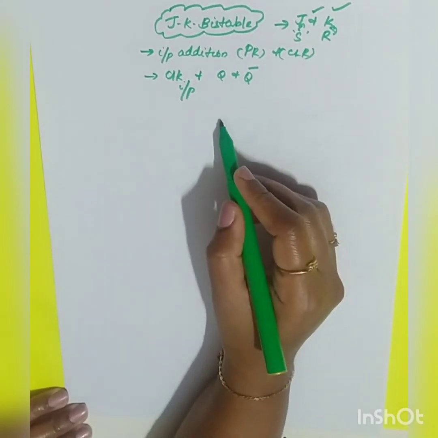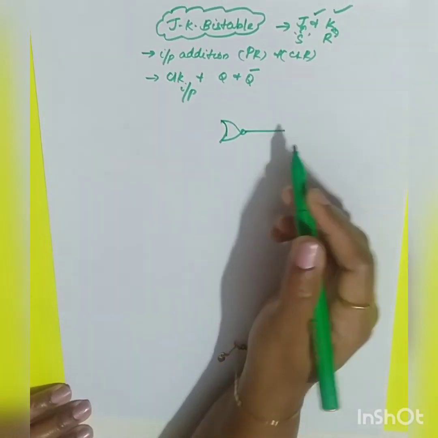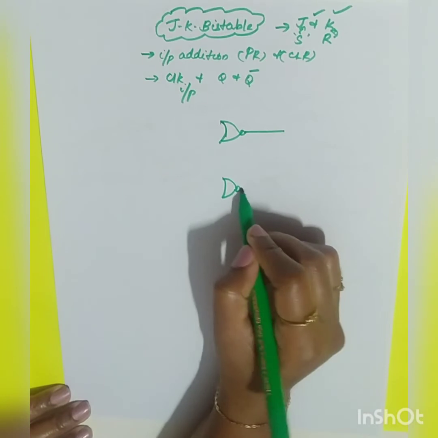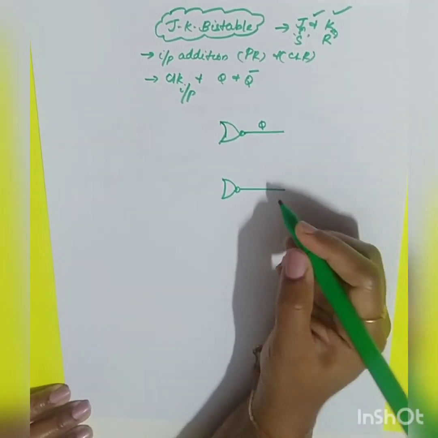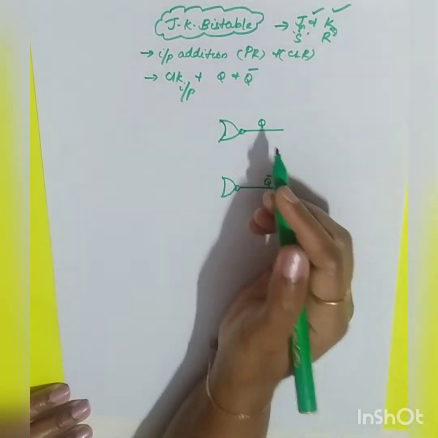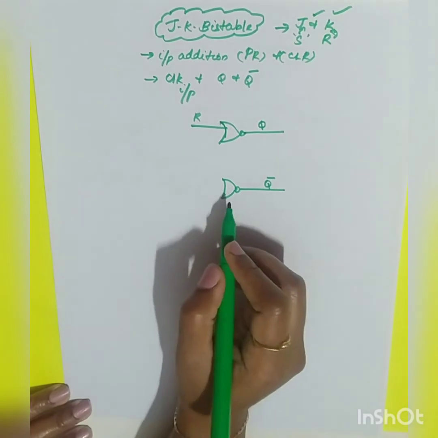You will have a NOR gate, and a second NOR gate. This will be your Q and this is going to be your Q bar. You have two inputs, one is your R and the other one is your S.